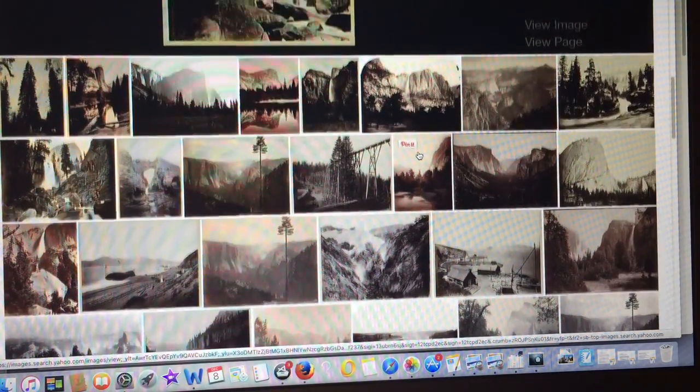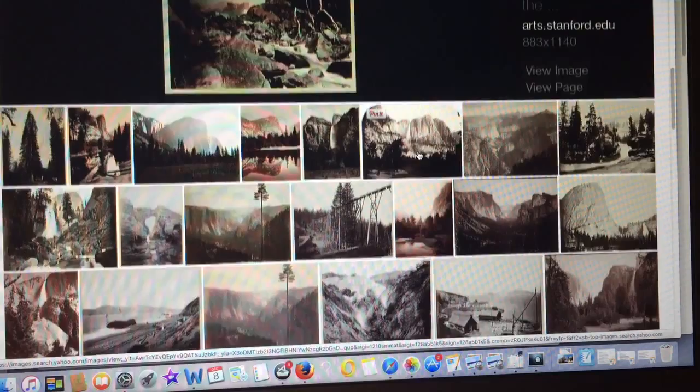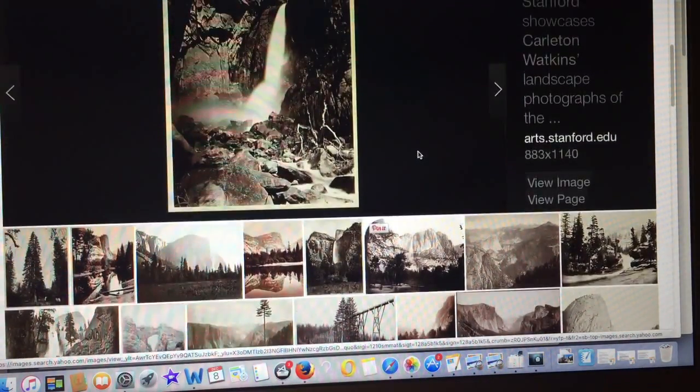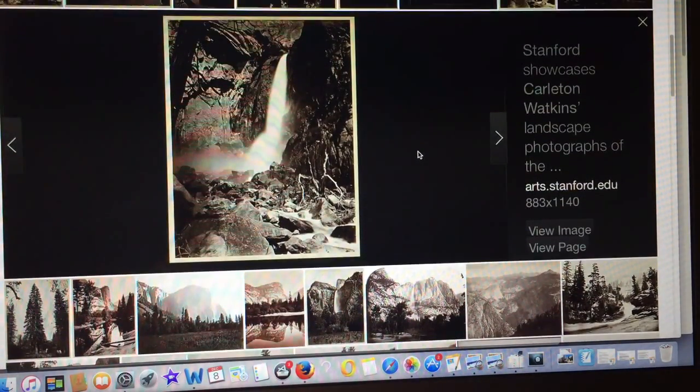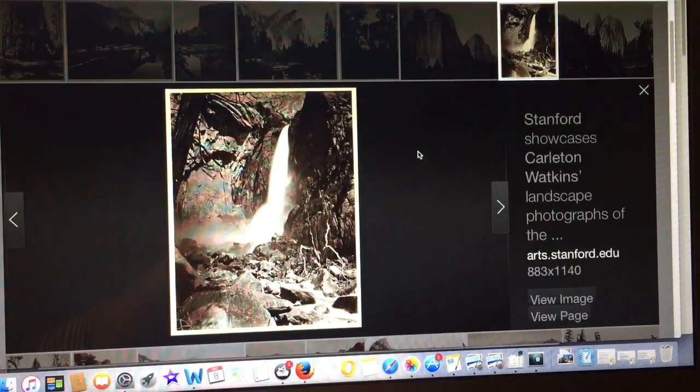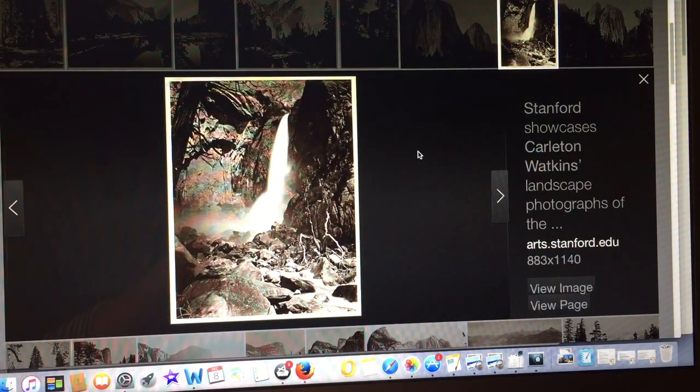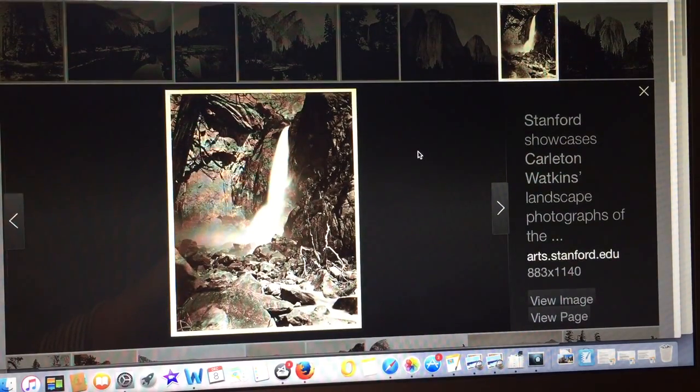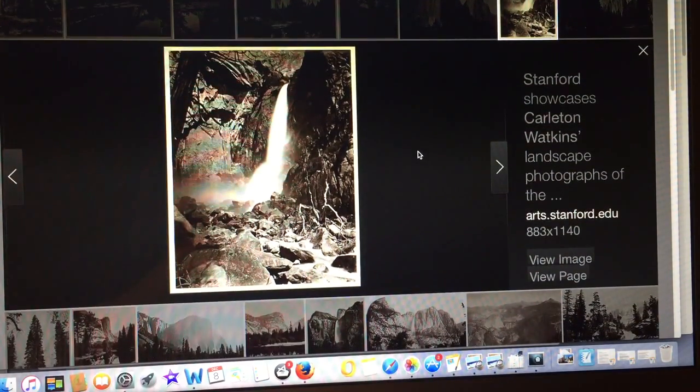His pictures brought people up in front to see Yosemite on such a grand scale, and it actually influenced the Congress to consider Yosemite as a national park or national natural preserve. So it rings a bell.